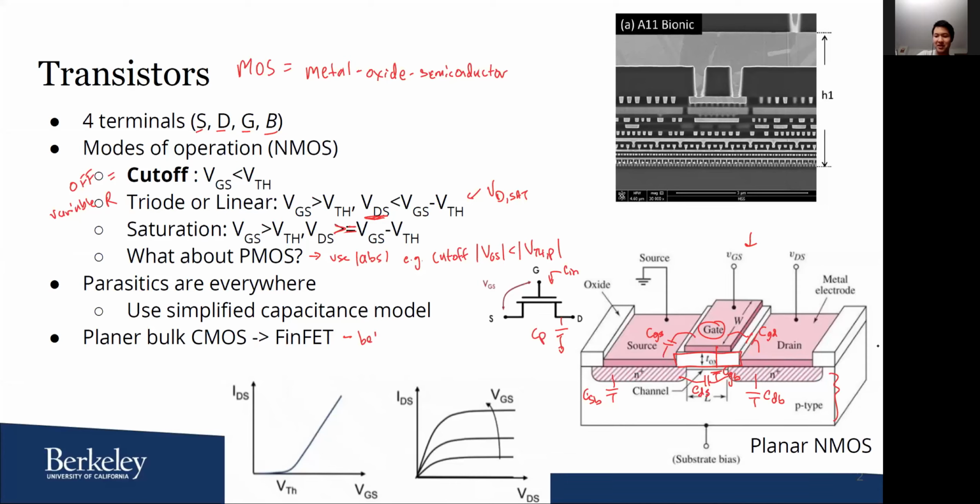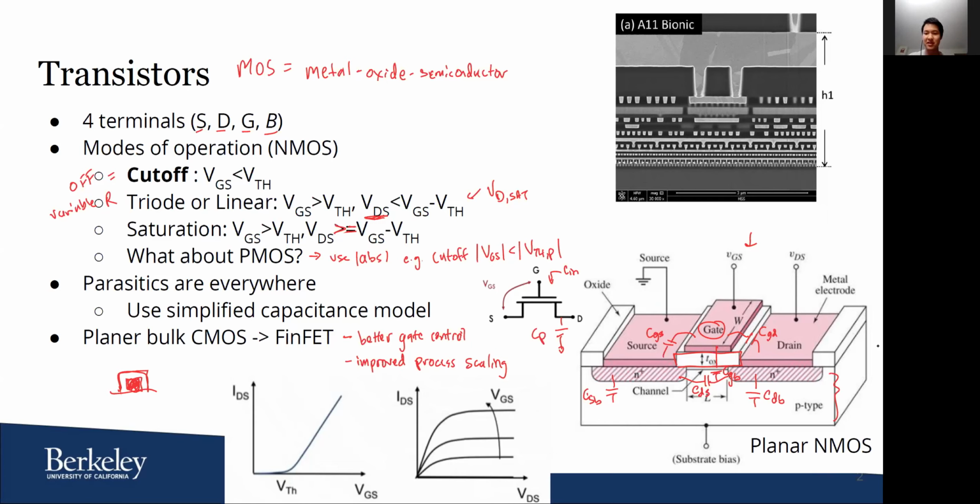Okay, for one, we had better gate control, right? Because the gate is sort of wrapped around the semiconductor that houses the channel, right? And then the other one is improved process scaling. Because with this transition into the third dimension, we can decrease the channel length even more and make all of our feature sizes even smaller.